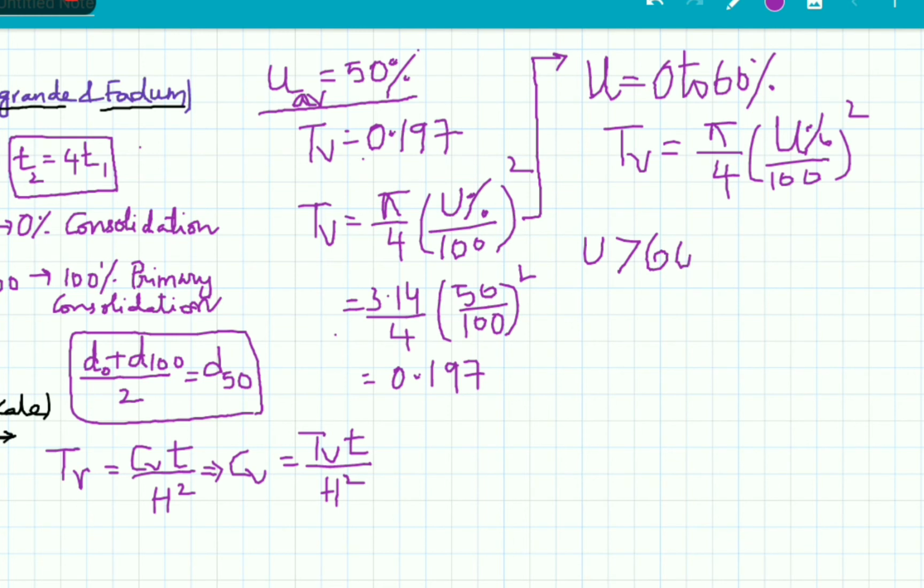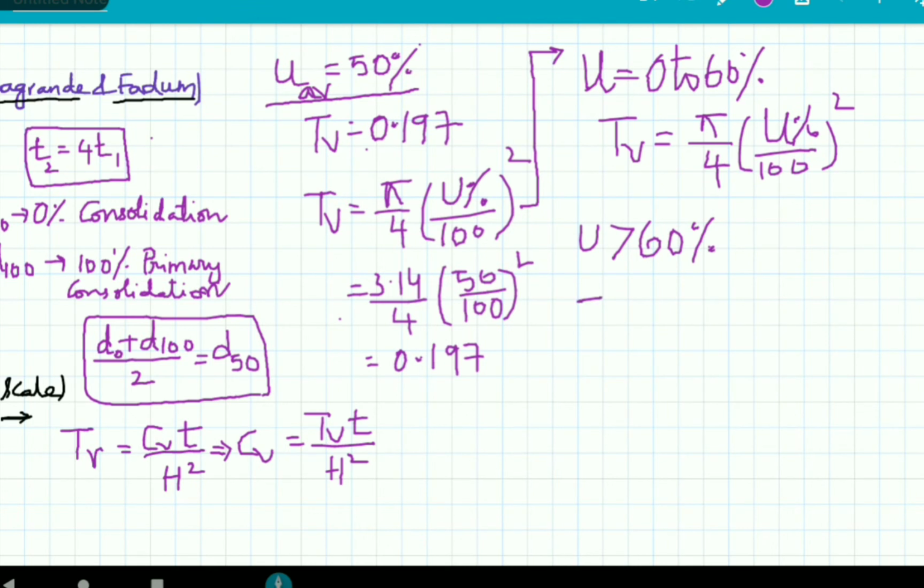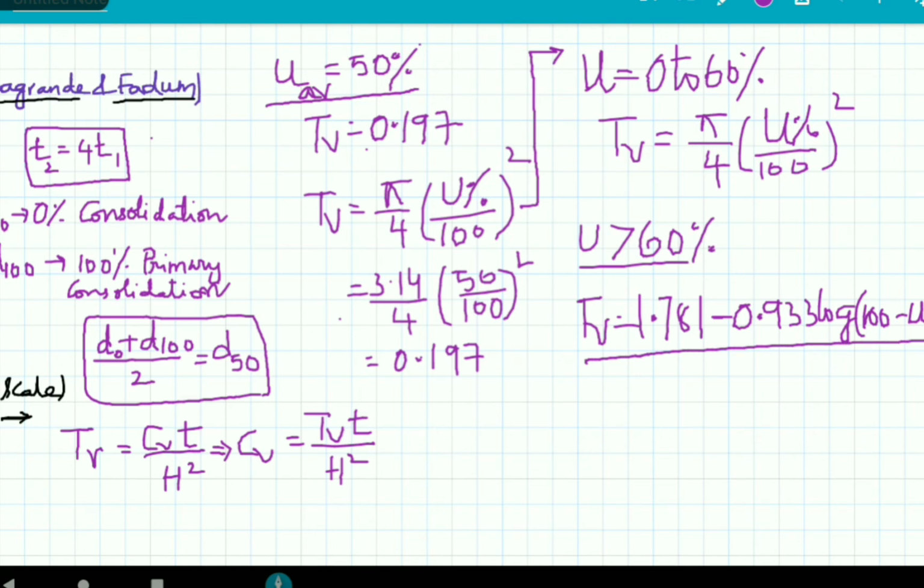If degree of consolidation is greater than 60%, the time factor equal to 1.781 minus 0.933 into log of 100 minus degree of consolidation, that is U percentage. So here we have considered the degree of consolidation greater than 60%.